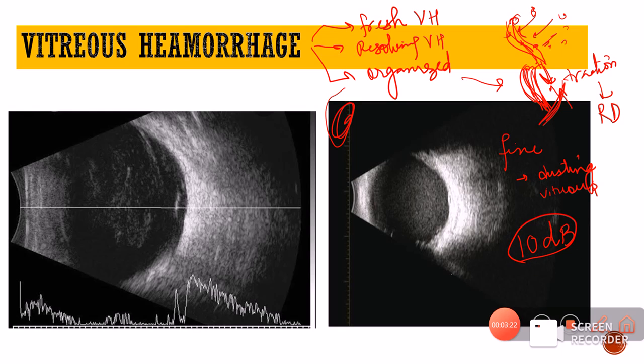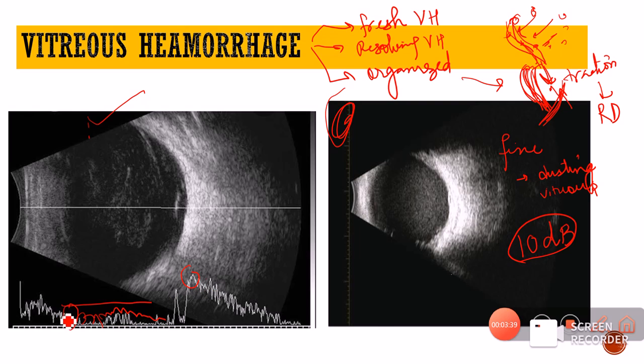Similarly, you can see in this picture also, this is also a fresh vitreous hemorrhage, and just look at the reflective echoes which this vitreous is giving. It is so tiny, it is so less, right? You can see they're almost near the baseline, whereas the retina and choroid are so high, right?